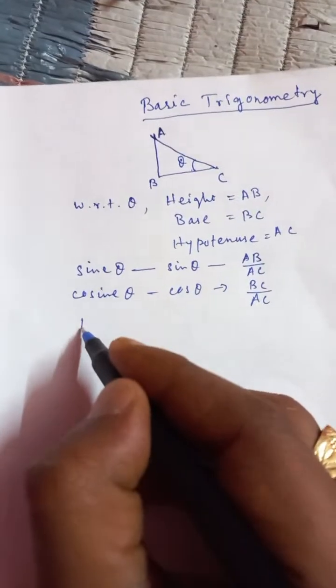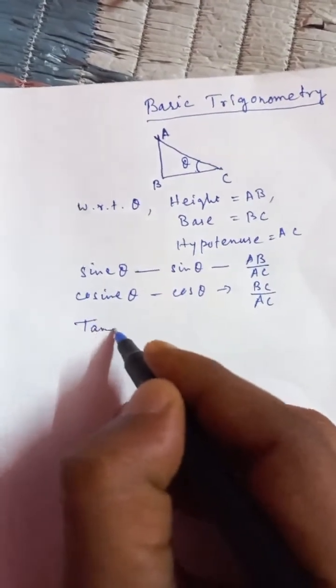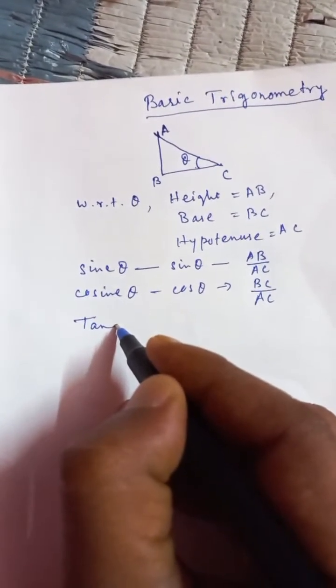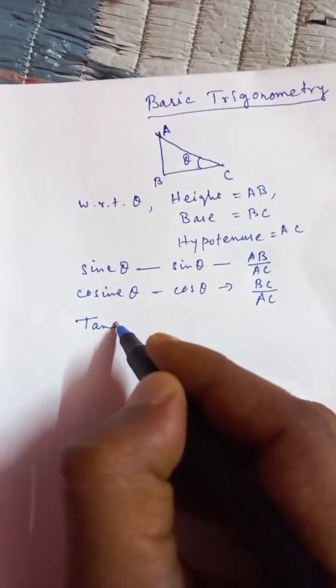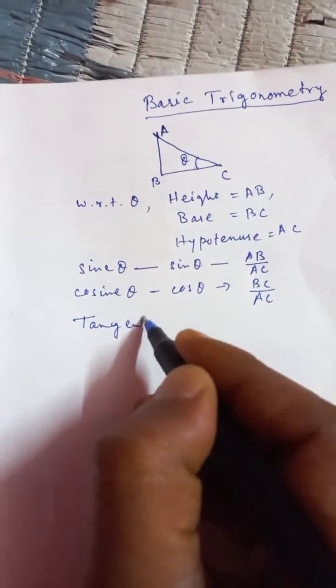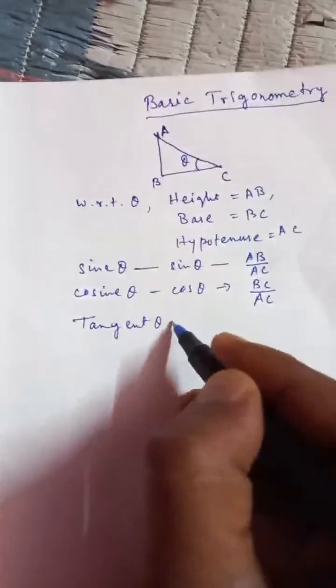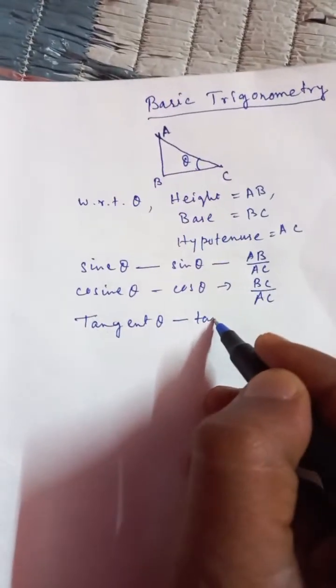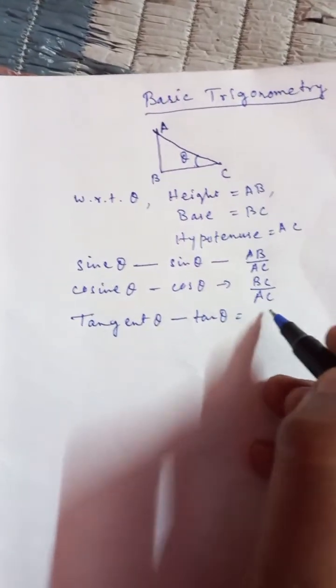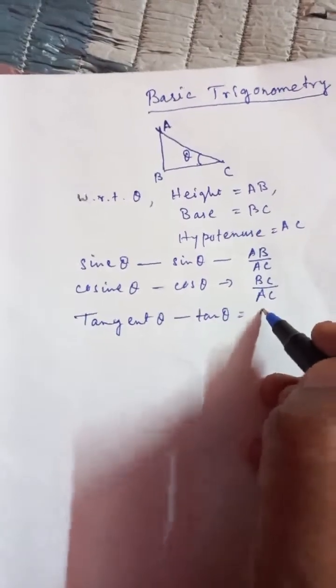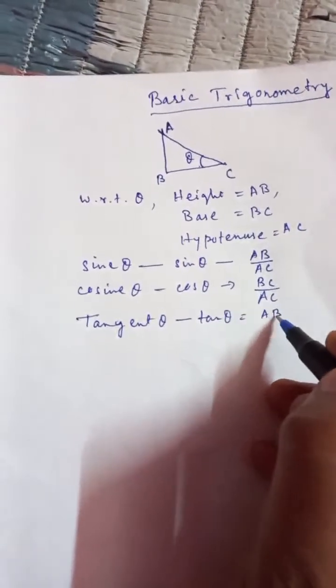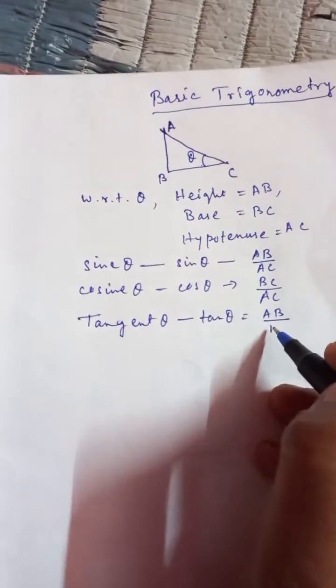Then tangent theta, the six trigonometric functions, tan theta is equal to height by base, AB by BC.